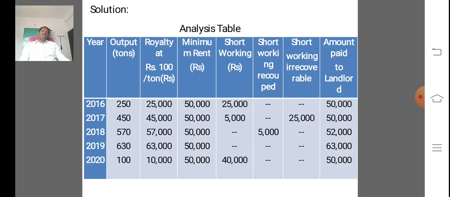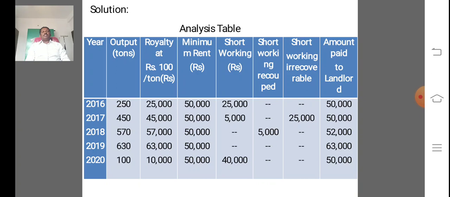So 250 into 100, 25,000. In this case, royalty is less than minimum rent. The difference is 50,000 minus 25,000, 25,000, is the short workings. And payment to landlord 50,000.